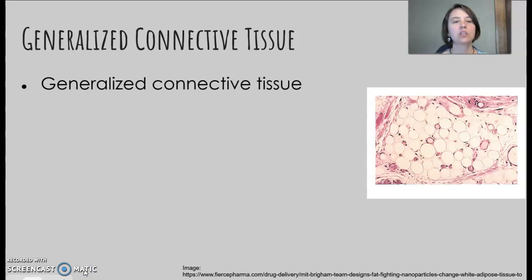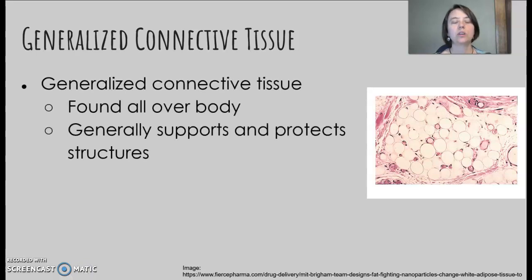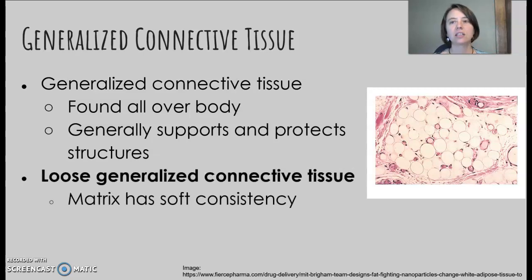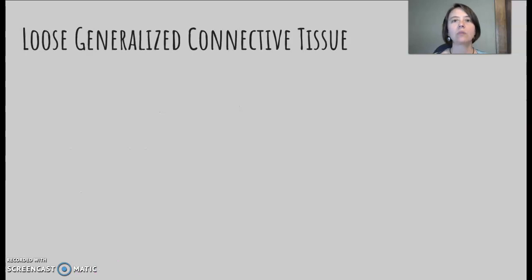And we started talking about generalized connective tissue, which we know generally supports and protects structures. And we learned about loose generalized connective tissue, which is areolar and adipose. What they both have in common is that their matrix is soft.